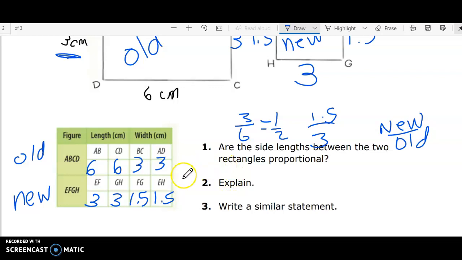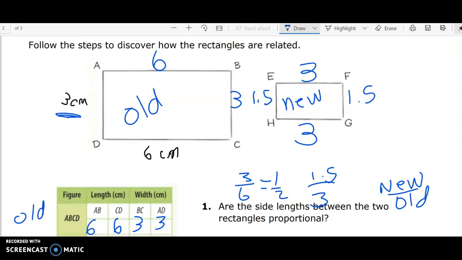Write a similar statement. So I'm going to come back and look at my picture, and I'm going to write my similar statement right here in a different color. I'm going to put a dot right here, and I'm going to go long, short, long, short.